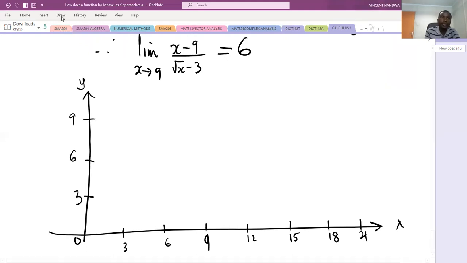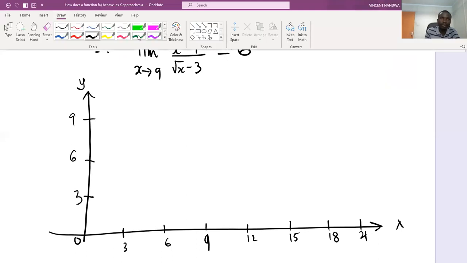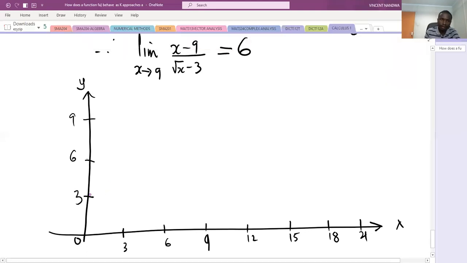If you draw the graph of this function, this is how it would be appearing. Actually, it's not defined at 9, so that's how it will be looking like.